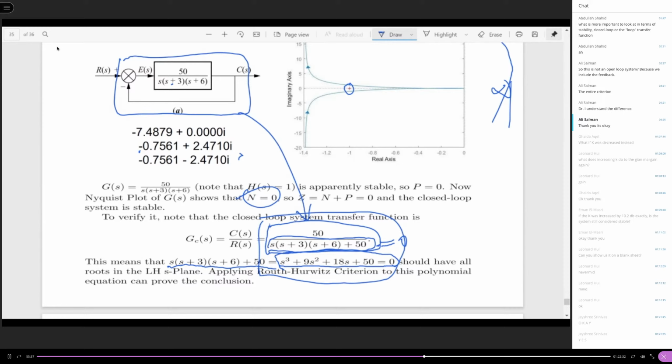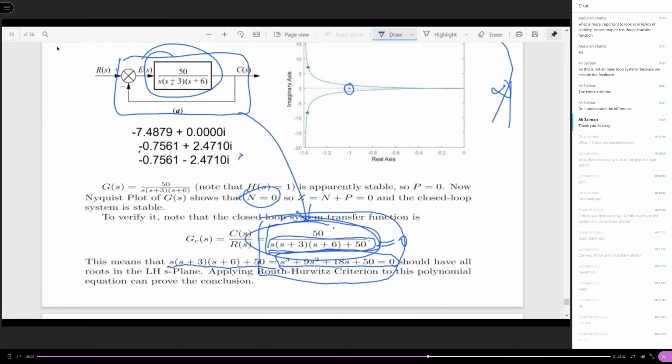You got my point? In other words, you need to know the closed loop system information in order to apply the Routh-Hurwitz criterion. Otherwise, you won't be able to tell the closed loop stability. But for the Nyquist stability criterion, I do not need this transfer function. I only need this one, the open loop system.